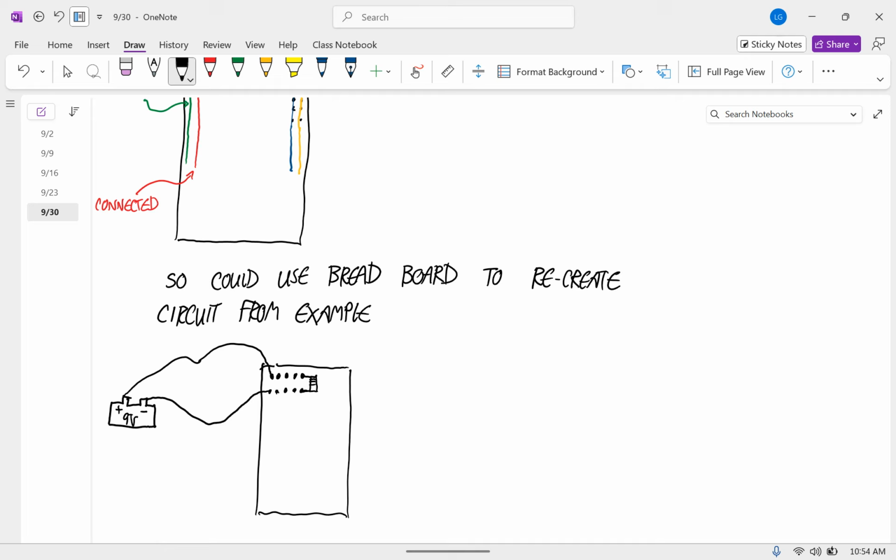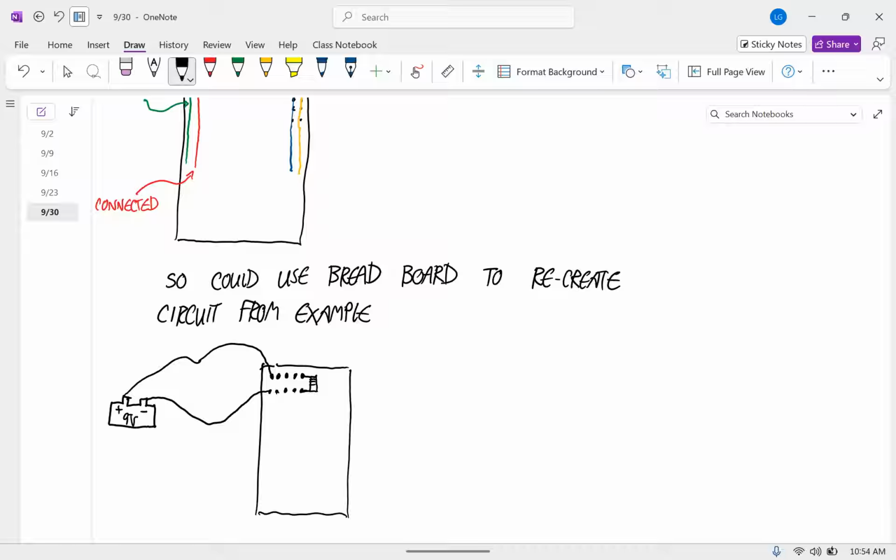So let's think about how this works, okay? Current wants to go from the positive terminal of the battery around whatever circuit to get to the negative. And so current flows through here. Since this is on the same row of holes as this end of the resistor, the electricity that gets here also gets to here.